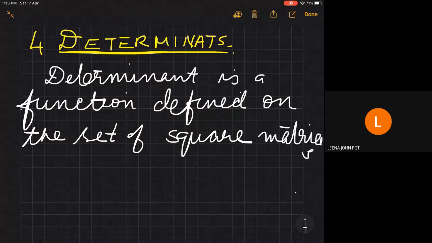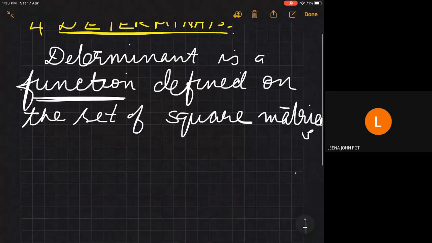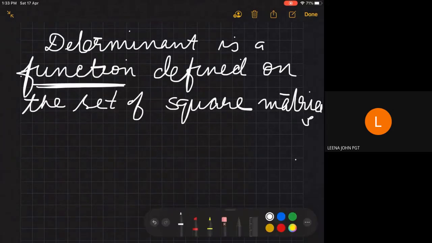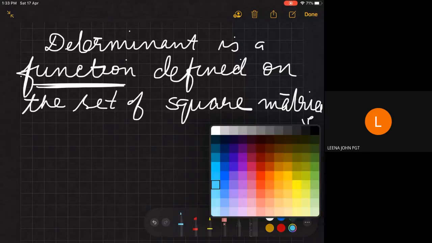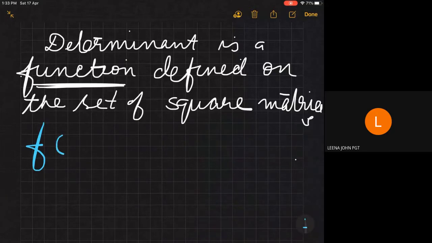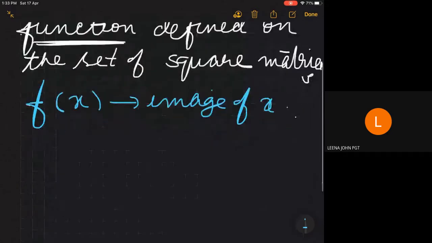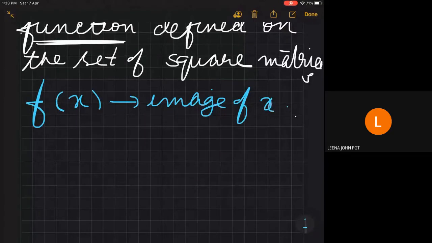And this function is a real valued function, or the image of each square matrix is a real value. For example, in functions what you have learned, f of x is the image of x. So in case of determinants, here we consider the square matrix.